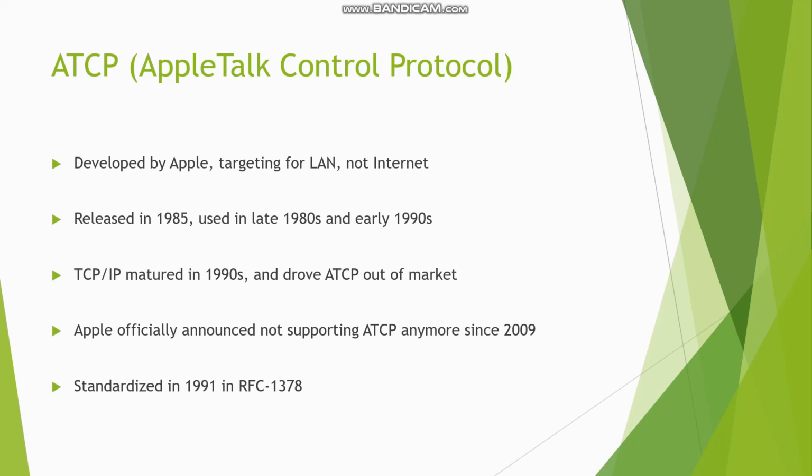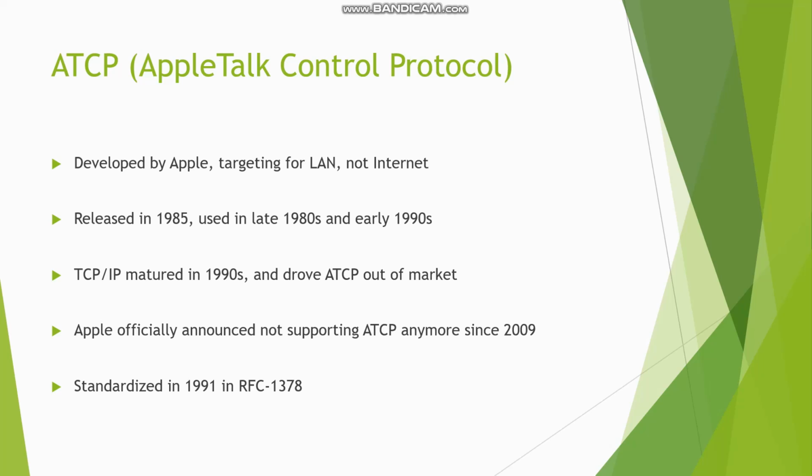The maturity of the TCP/IP suite in the 1990s quickly drove ATCP out of the marketplace, and the failure of ATCP was officially announced by Apple Inc. in 2009. By then, Mac OS X, which is Apple's core product, did not even support ATCP any longer.